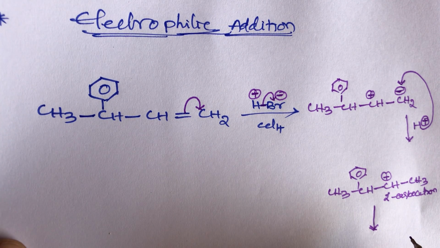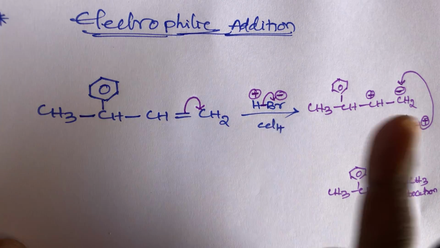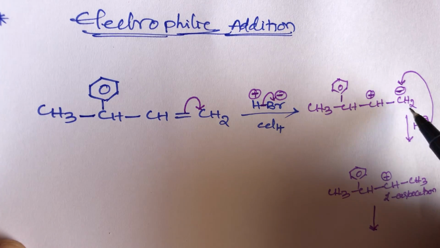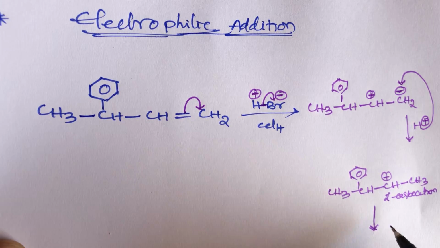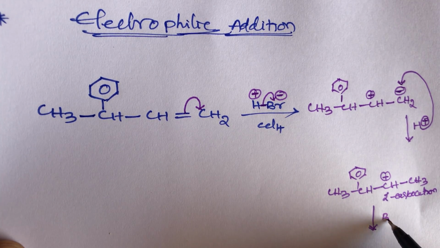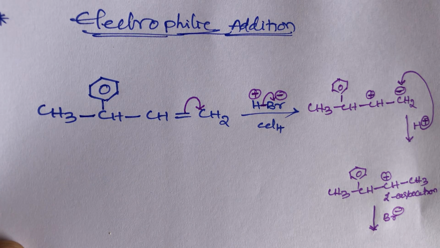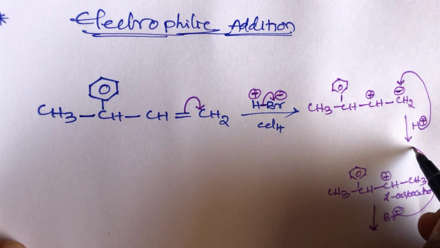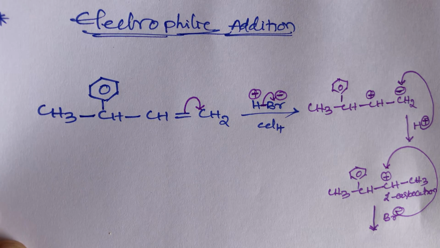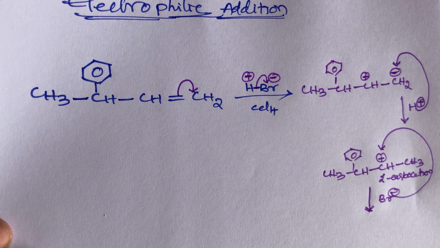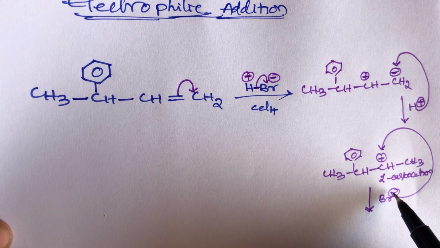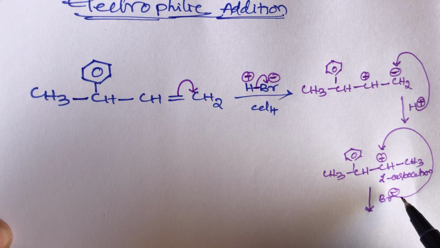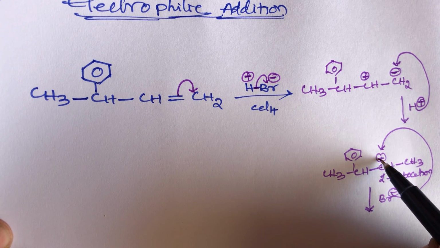In the second step, what to do here? The first step is bond breaking, the second step is the electrophile attacking the negative charge side, and the third step is Br minus, which is the nucleophile. This nucleophile will always attack the positive charge species side. Positive charge species means this secondary carbon having positive charge.